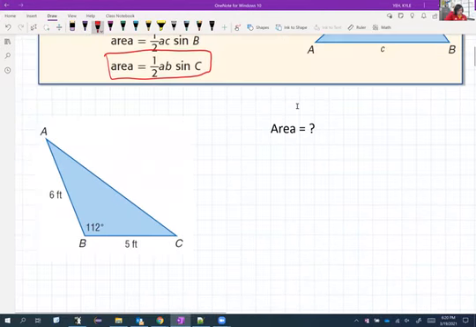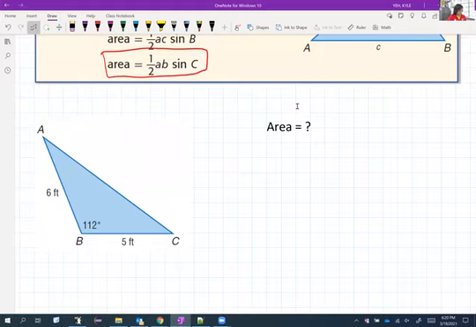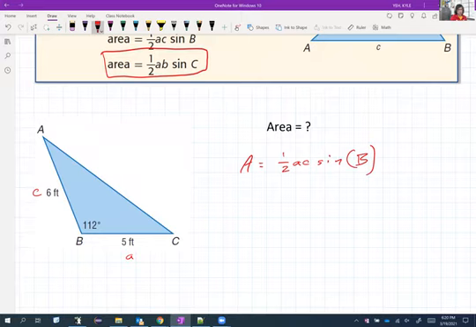So just to show an example here, we are given this triangle ABC. We know what angle B is. It's 112 degrees. Side length C, which is across from angle C, and side length A, across from angle A, are given. So we can utilize area equals, in this case, 1/2 AC times sine of angle B. And I'll write out area so there's no confusion of that being angle A or anything.